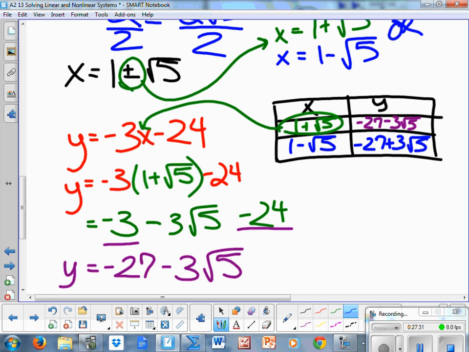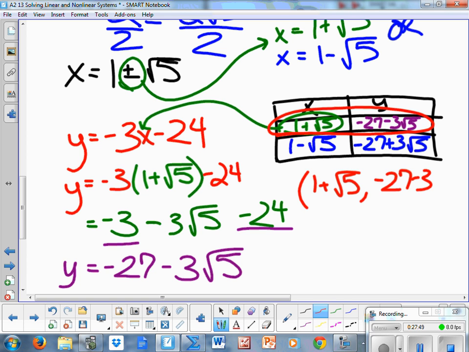But I don't want to be done. I need to write them both as coordinates, okay? Because even if they look a little bit funky, they can still be written as x and y coordinates. So in this case, 1 plus the square root of 5 is my x value, and negative 27 minus 3 square roots of 5 is my y. And the other one is here.